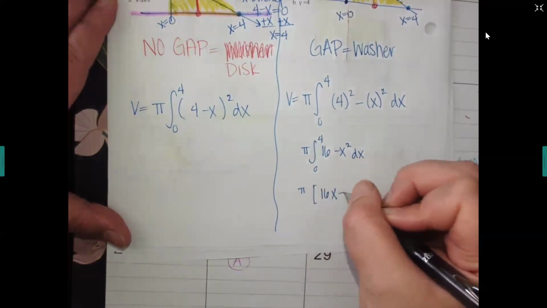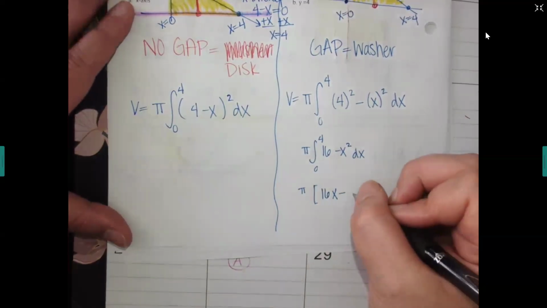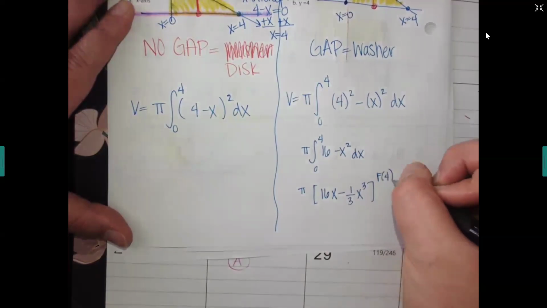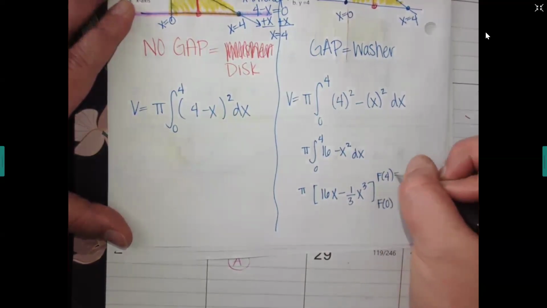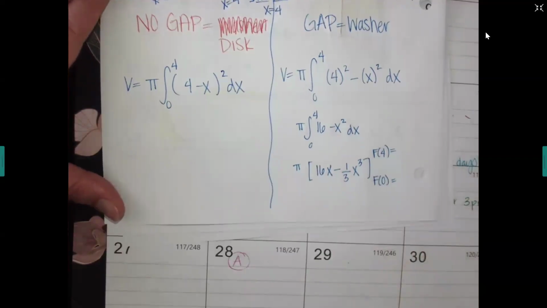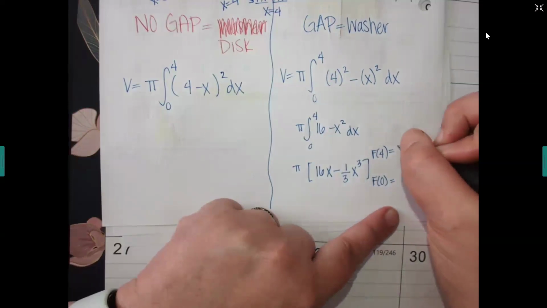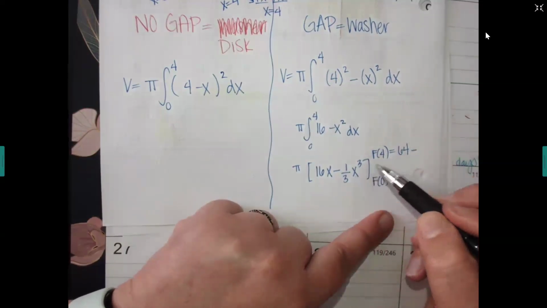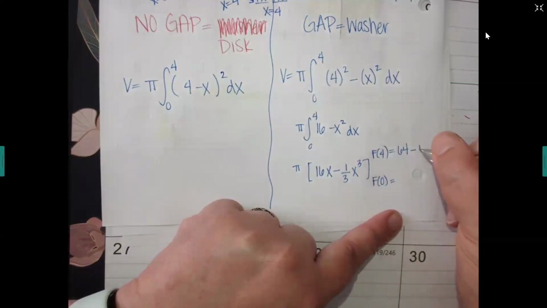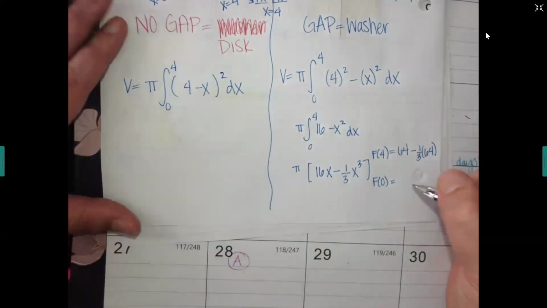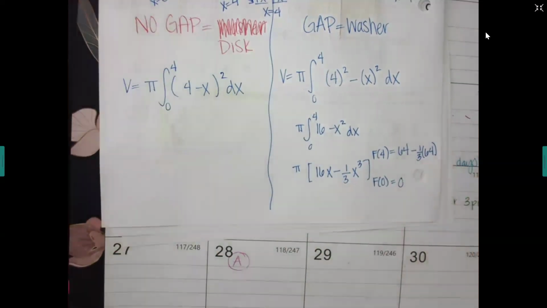16 would go to 16x. And then x squared would go to a third x cubed. Okay, then you would plug in the 4, plug in the 0, and subtract. 4 times 16 is 64. And then 4 cubed is 64 again, so it'd be a third of 64. What happens when I plug in 0? It'd be 16 times 0, and then minus 0 cubed is still 0.